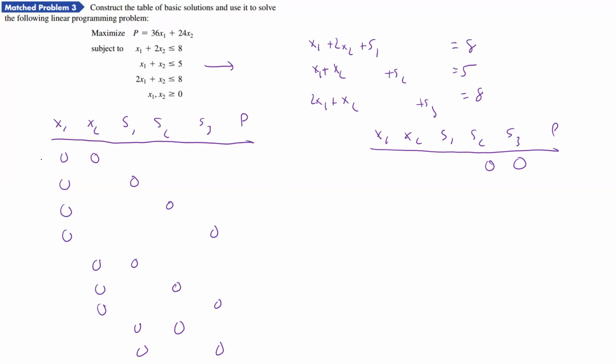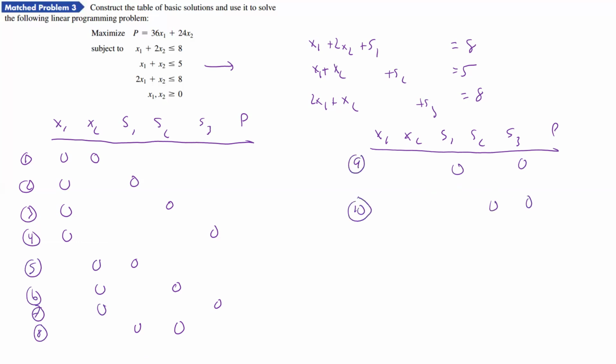So let's label these 1, 2, 3, 4, 5, 6, 7, and 8. I'm going to run out of room, so the next ones are going to be 9 and then 10. Those are what we have to find, so let's go ahead and start plugging in and solving these systems.